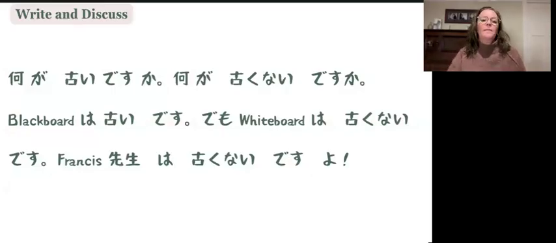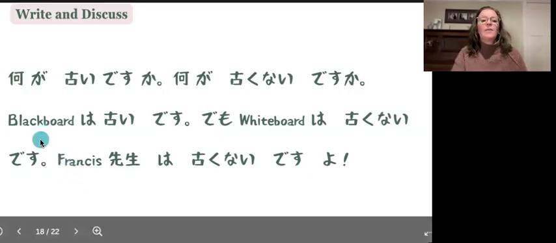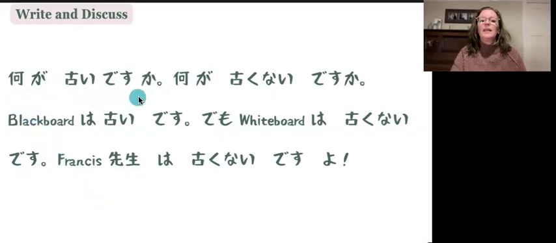So, for example, you might say, we're starting with a clean board. 何が, and I might start by writing this. 何が古いですか? Okay, so they know the ka makes it the question. 何?